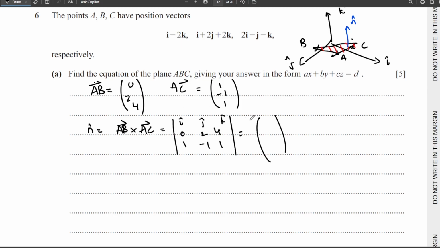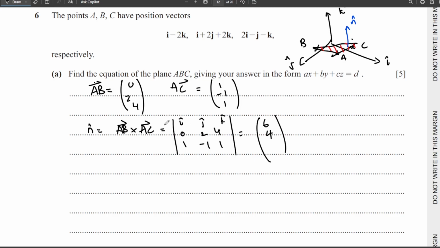For the i component, we cover the row and the column. Cross multiply 2, and then from the bottom up multiply -4. So you get 2 minus -4, which is 6. Next, for the j component, cover the row and column, 0 minus 4, so -4, but for j, due to the sign pattern of the matrix, you multiply by negative again, so we get +4.